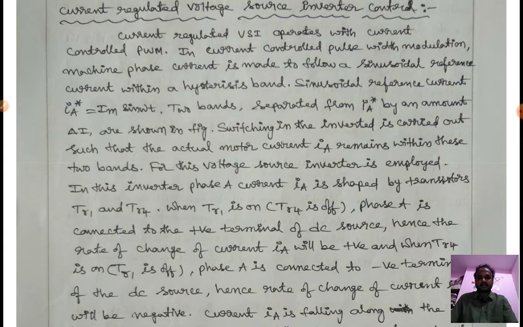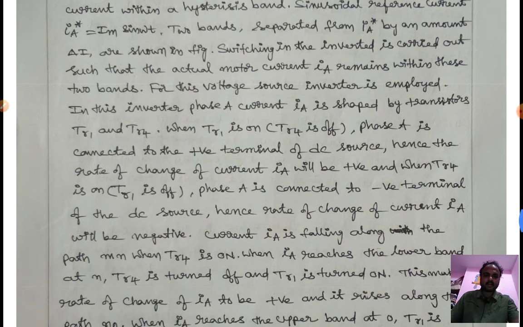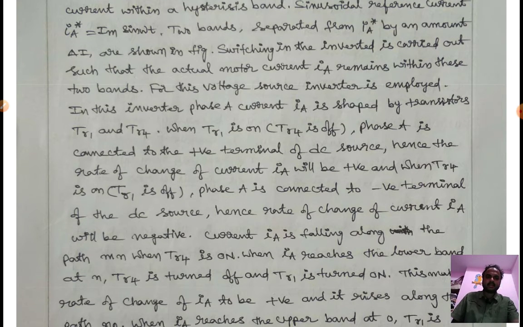The sinusoidal reference current IA star is equal to Im sin omega t. This is the reference current. The two bands are separated from IA star by an amount delta I, as shown in the figure.